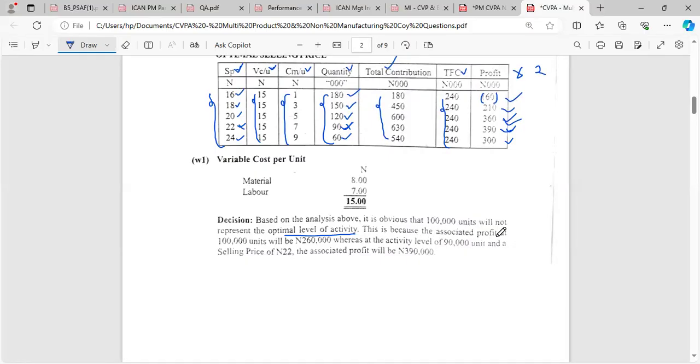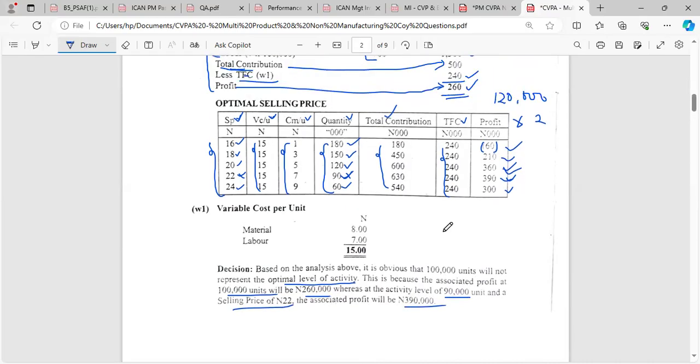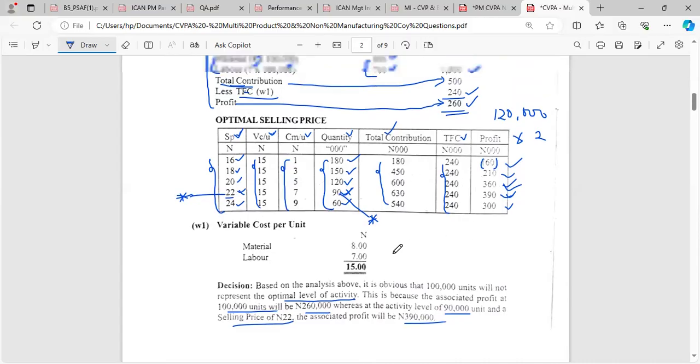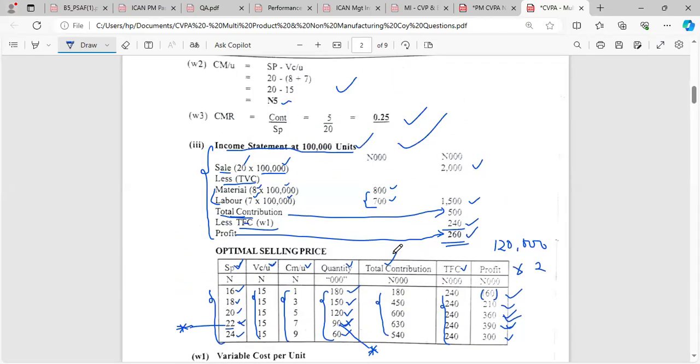The associated profit at 100,000 units will be 260,000, whereas the activity of 90,000 units and a selling price of 22 naira, the associated profit will be 390. So the optimum selling price and the optimum quantity that they can produce is 90,000 for quantity and 22 naira for selling price, to give us a profit of 390,000. I don't know if this is clear.